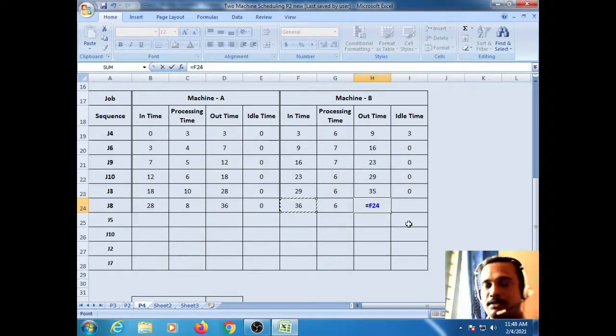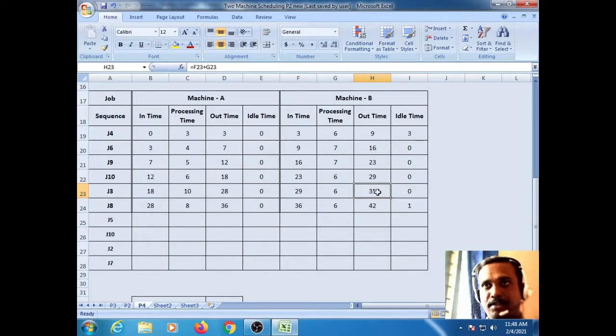So I calculated the total out time for this job on machine B. Here we will get the idle time. How will we get the idle time? The previous job out time is 35 hours, and the present job in time is 36 hours. So for machine B we have a 1 hour gap, and this 1 hour is the idle time for machine B. It waited for 1 hour for the work.